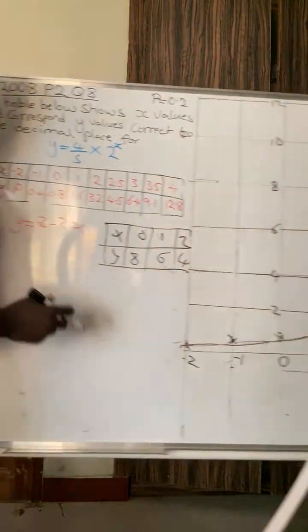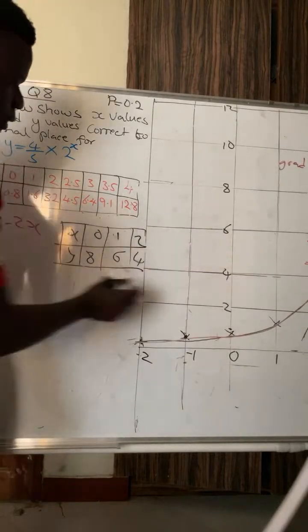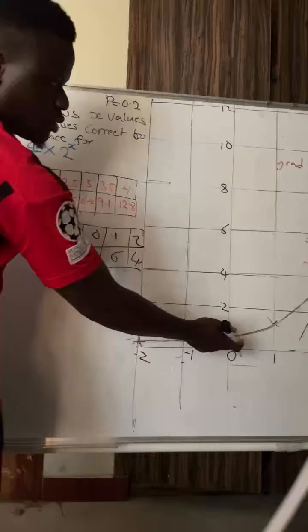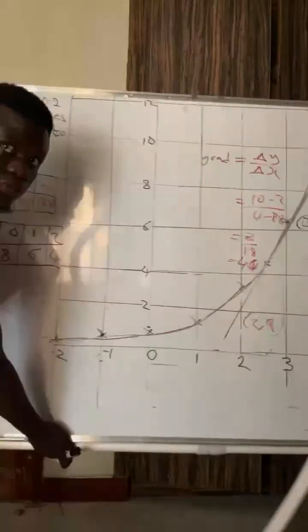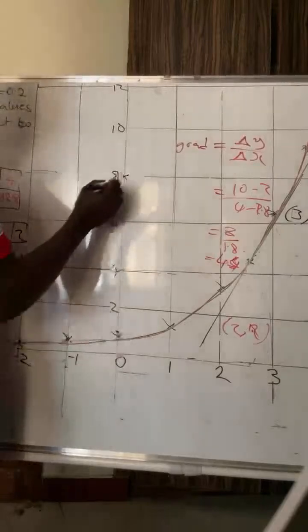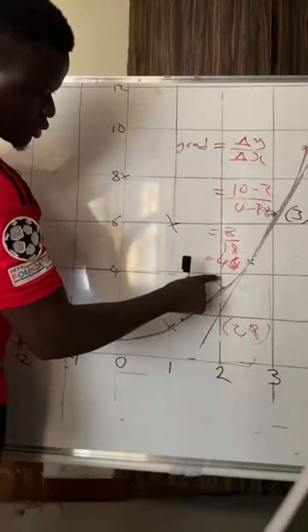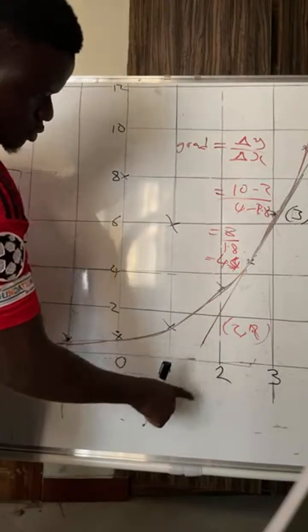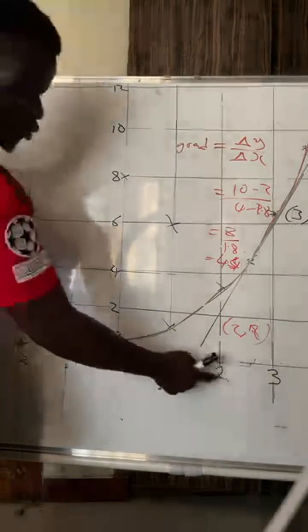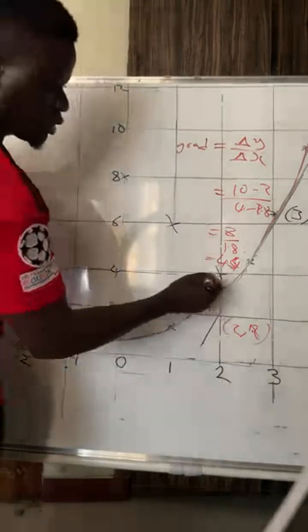So you have points (0, 8), (1, 6), (2, 4).